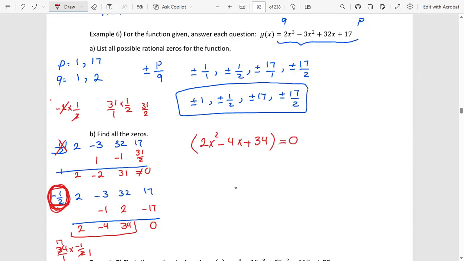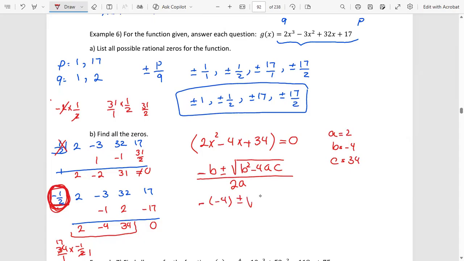Since this is a quadratic equation, you can use the quadratic formula and find the complex zeros. So in this equation, A is 2, B is negative 4, and C is 34. Just plug in the numbers for ABC.